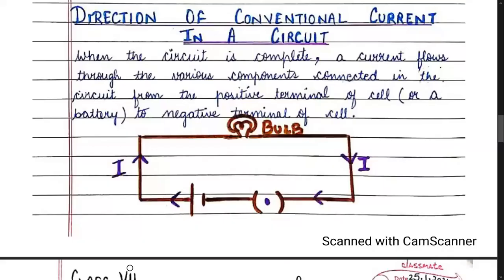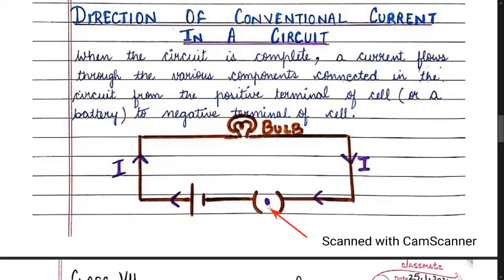Now students, let us learn the new topic for today, that is direction of conventional current in a circuit. When the circuit is complete, circuit means there is no insulator inside the conductor, inside the circuit, and the circuit is complete when the key is on.